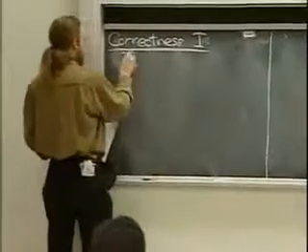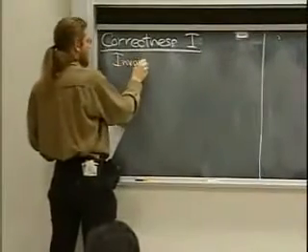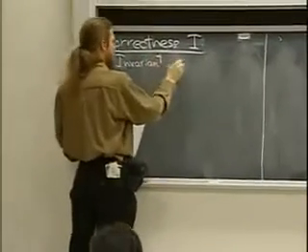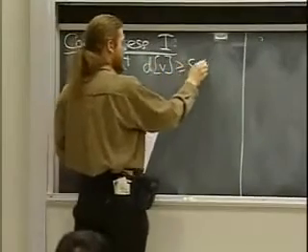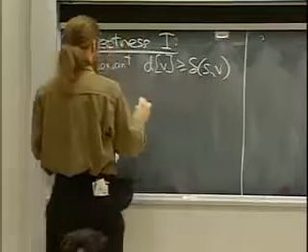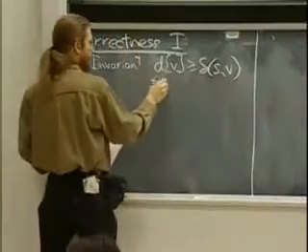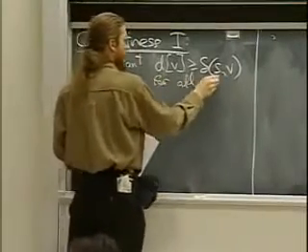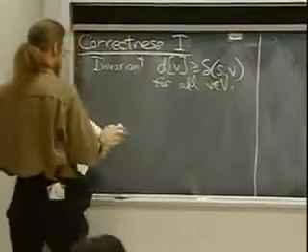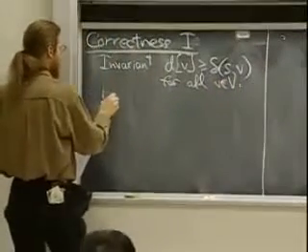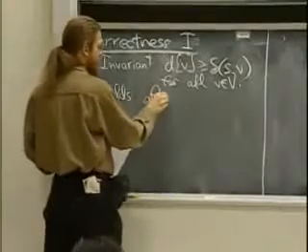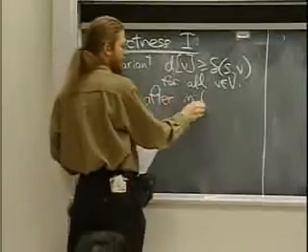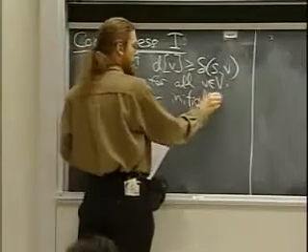So we have this invariant, d of v is greater than or equal to delta of s comma v for all v. And this invariant holds at all times. So after initialization, it doesn't hold before initialization because d isn't defined then.